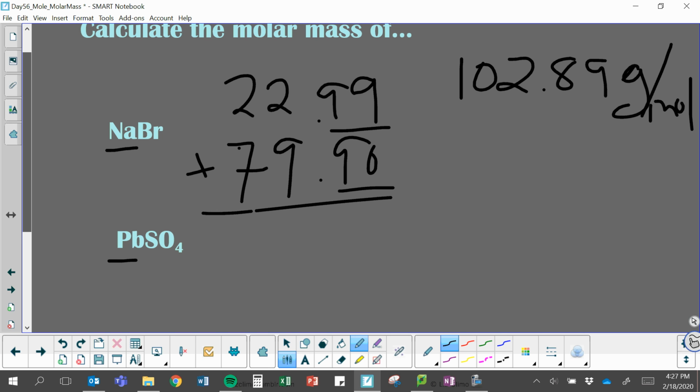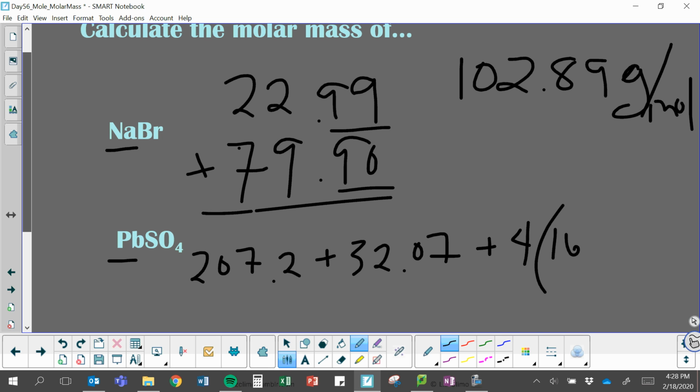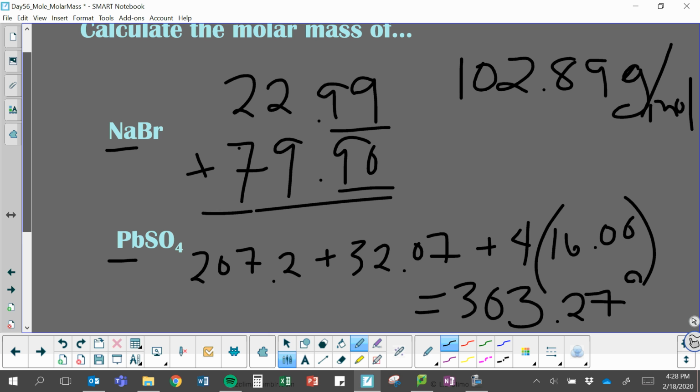So we're going to take the mass of the lead, which is 207.2, plus the mass of our sulfur, which is 32.07, plus we have 4 oxygen, so we're going to multiply 4 times our oxygen, which is 16. And make sure if you're using a calculator for this that you are using parentheses for your multiplication. So this one you should get 303.27 grams per mole.